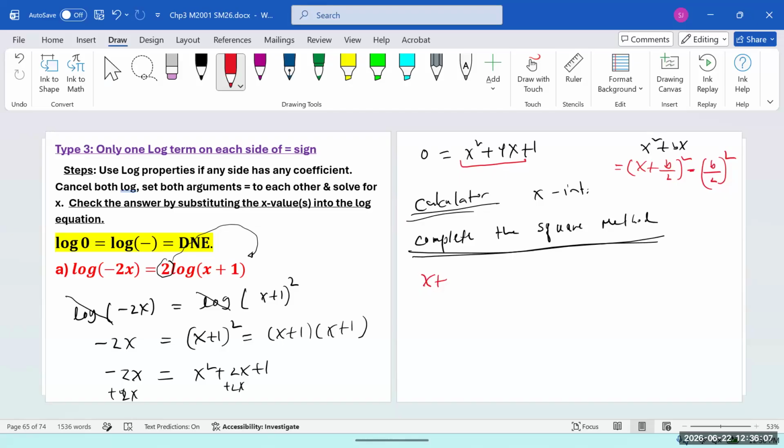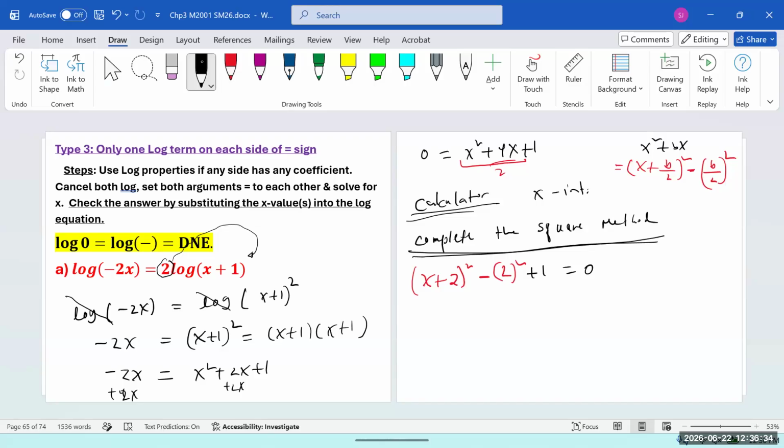You always subtract, always. So half of 4, 2. So we do x plus 2 squared minus half of 4, which is 2, squared. And we have plus 1 equals 0. This is complete the squaring method.